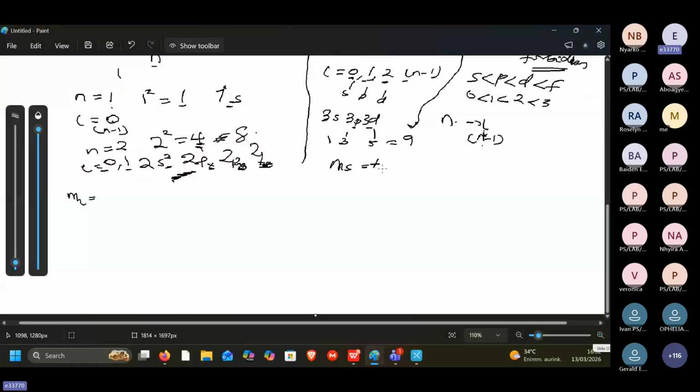That means that it's going to be pointing up or it's going to be pointing down. That's the interpretation of what MS is.